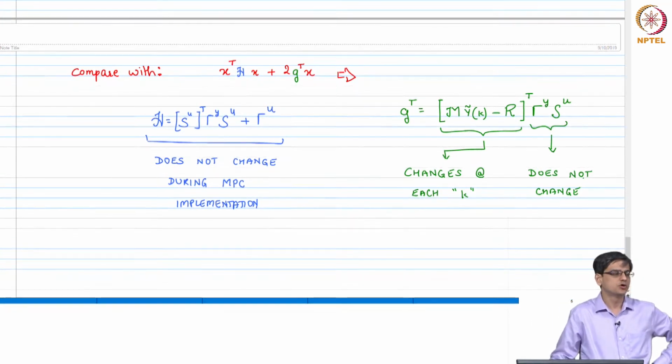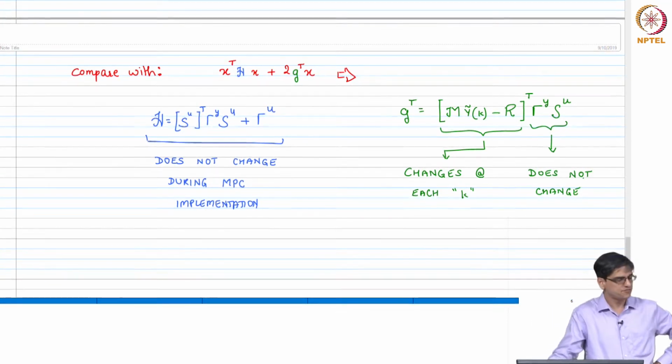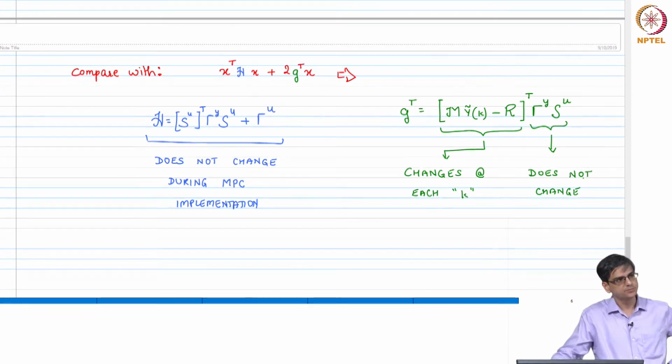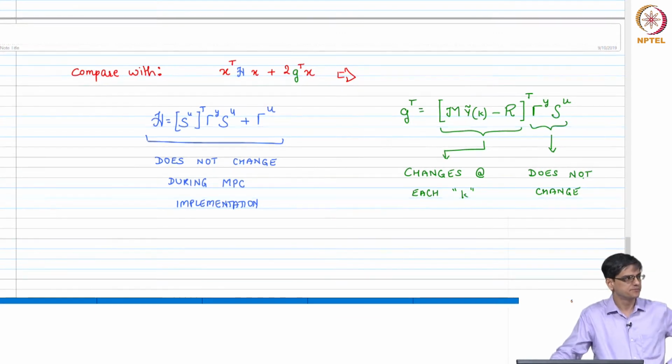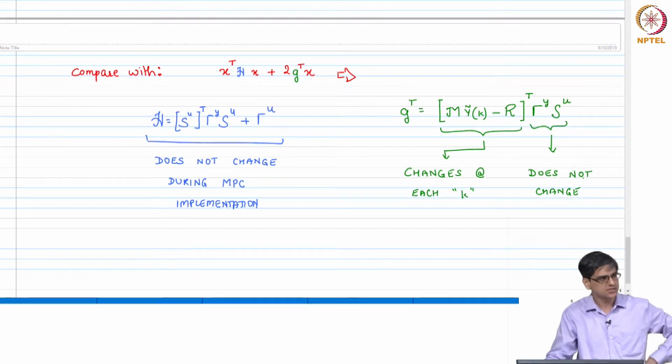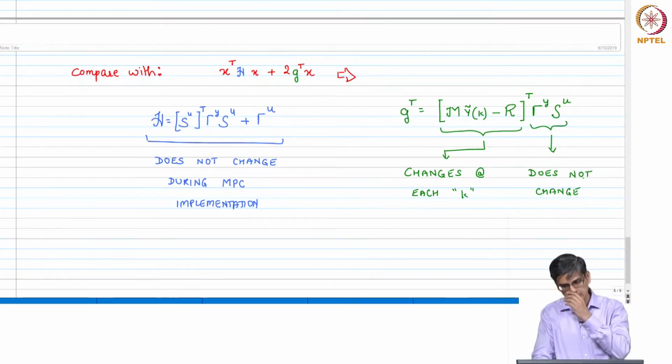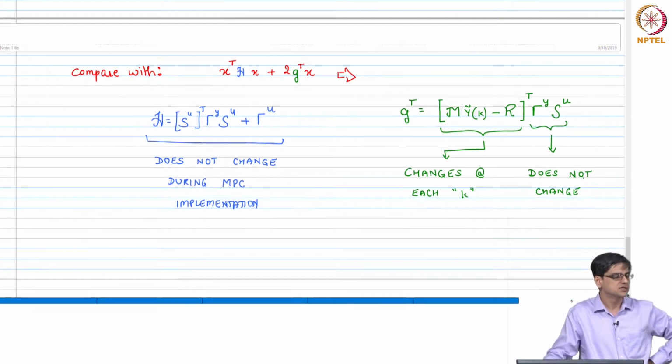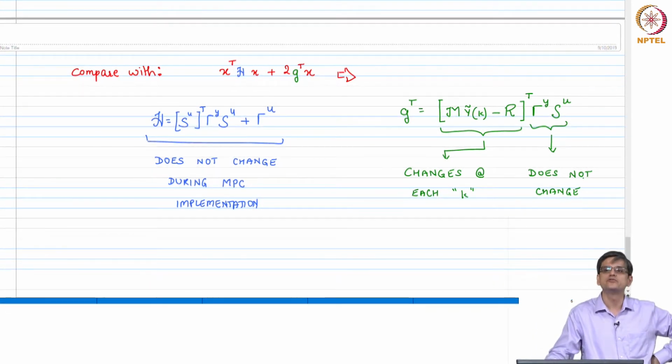In most practical applications of MPC, the Hessian is pre-computed, and the gamma y SU part of the gradient also is pre-computed, and only the my minus r part is computed and then that multiplication is done. This is done in order to improve the speed of MPC.